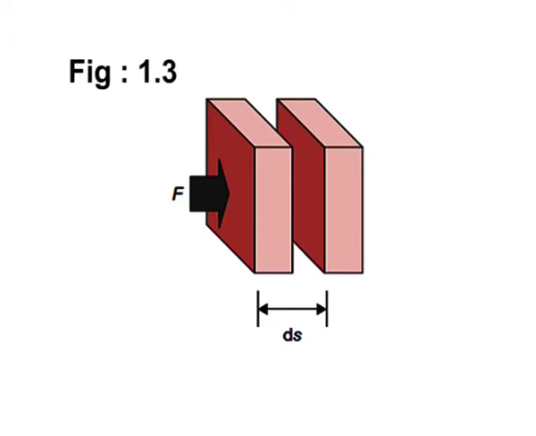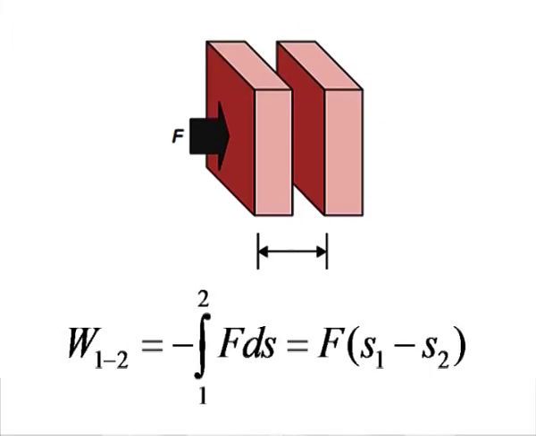We can calculate the total work done in moving the object from location 1 to 2 as W1-2 is equal to minus integral 1 to 2 F ds, which is equal to F into S1 minus S2. The work interaction between the system and its surroundings can be attributed to several mechanisms such as a moving boundary, a gravitational force, acceleration and shaft rotation.